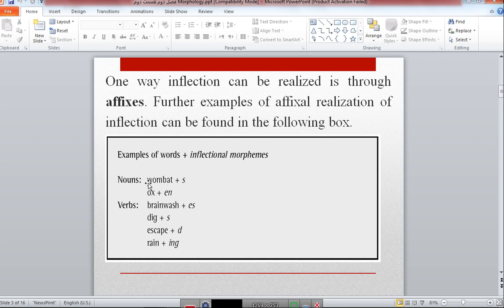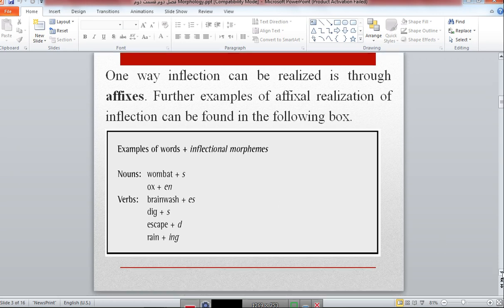For example, the nouns wombat, wombats, ox, oxen, and the verbs brainwashes, digs, scraped, and raining. So these are the affixes which you can call inflectional affixes.